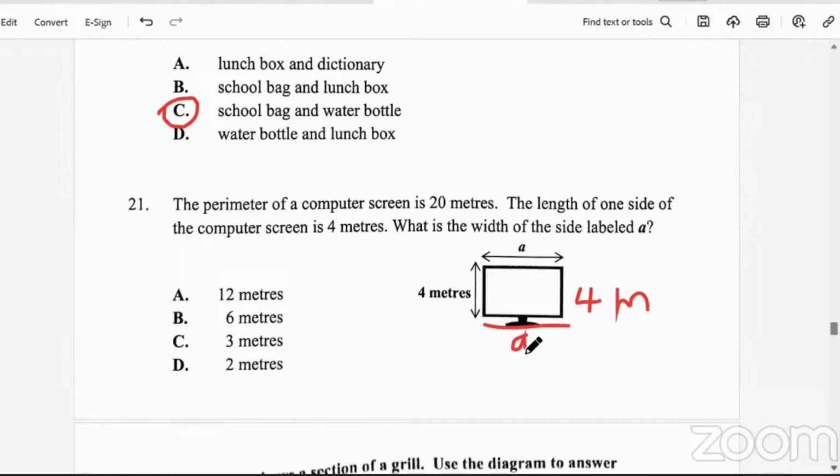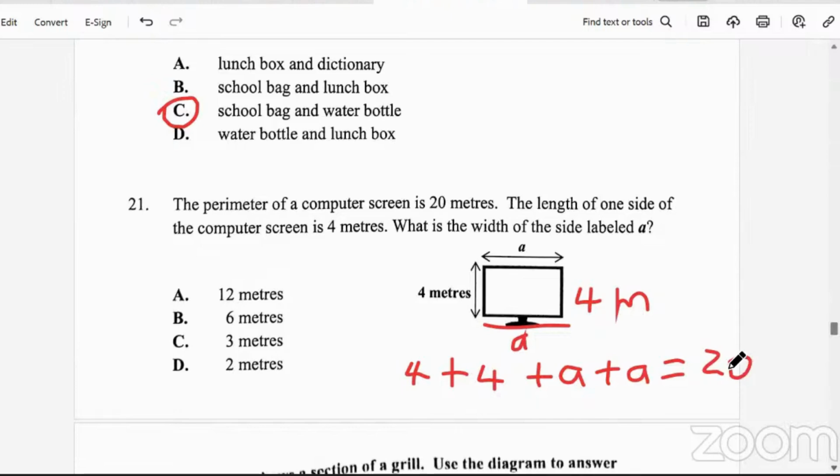So we could write a statement for this, right? We could say 4 plus 4 plus A plus A equals 20. All right, that's one way to do it.